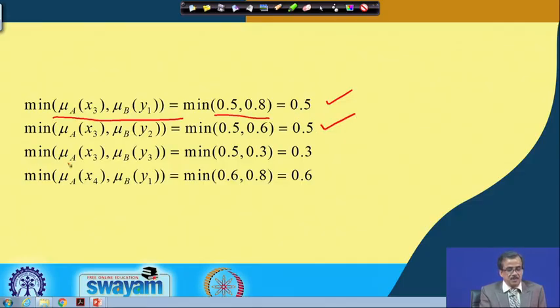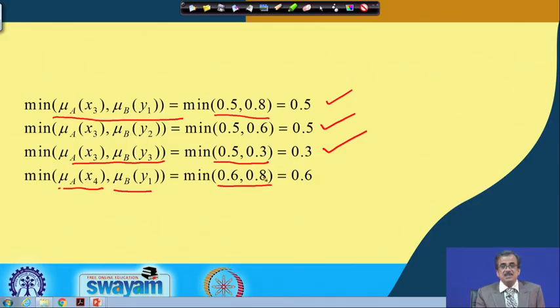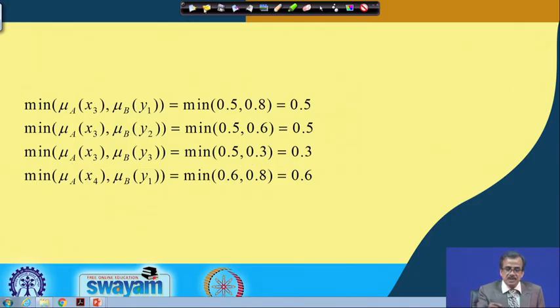Then comes the minimum between mu A(x3) and mu B(y3), that is the minimum between 0.5 and 0.3, so I will be getting 0.3 here. Next is the minimum between mu A(x4) and mu B(y1), that is the minimum between 0.6 and 0.8, and you will be getting 0.6.